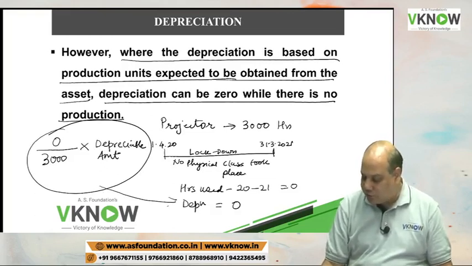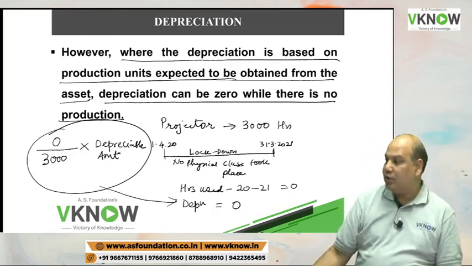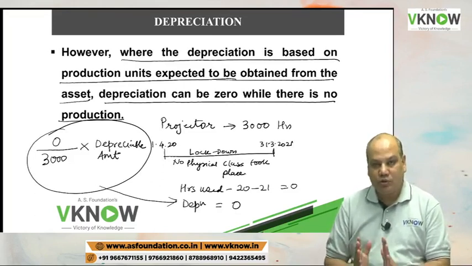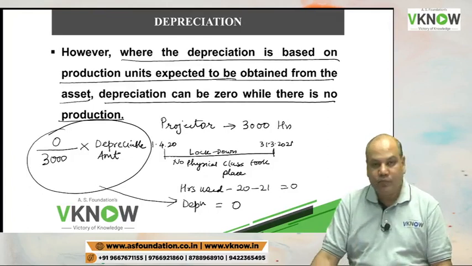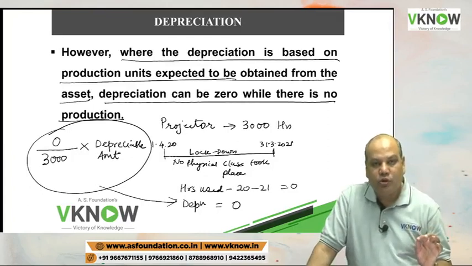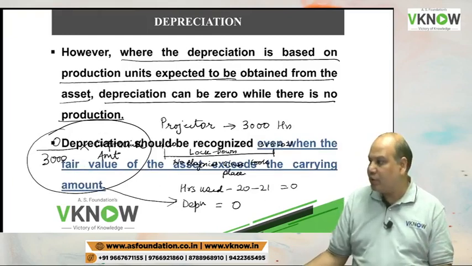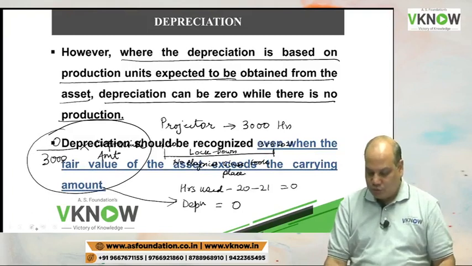In case of such items where the useful life is based on production quantity, like hours or units, if there is no utilization, no production, depreciation will be 0. I hope this example was good enough to understand.